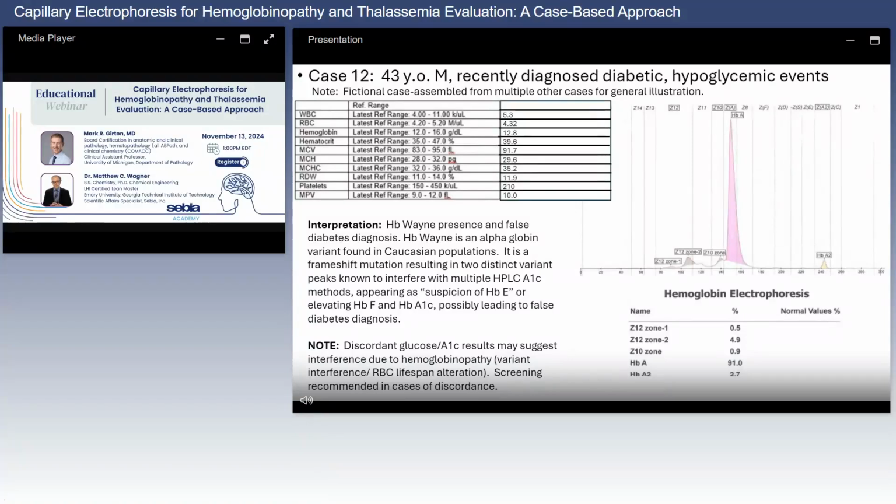In the case of discordant glucose and A1C results, it may suggest an interference due to hemoglobinopathy, such as a variant interference or an alteration in the patient's red blood cell lifespan. Screening for hemoglobinopathies would be recommended in the case of discordance between glucose and hemoglobin A1C results.